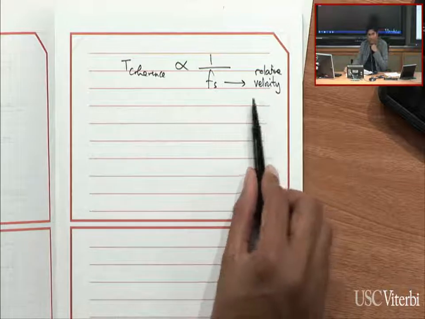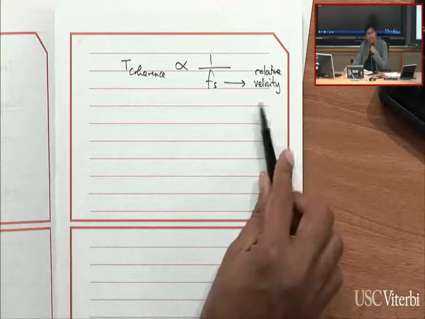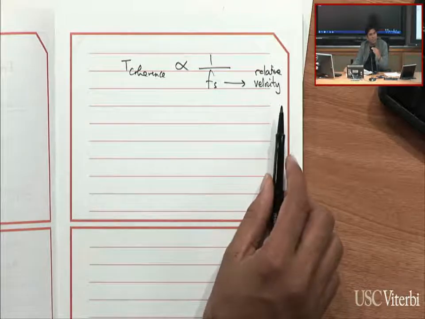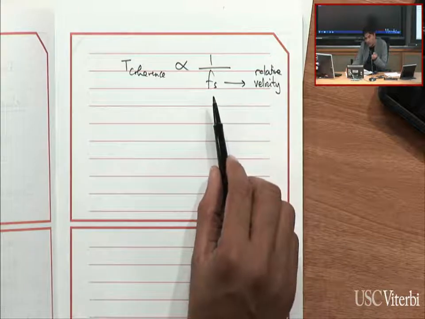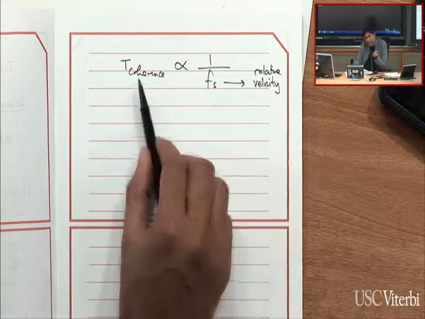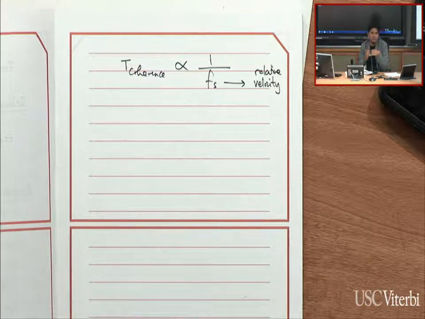If you have an environment where nothing is changing, your source is static, the destination is static, the objects in the environment are not changing, then the relative velocity is zero. There is no Doppler spread effect happening. The coherence time effectively is infinitely large. Whatever the channel condition is, it stays that value forever.